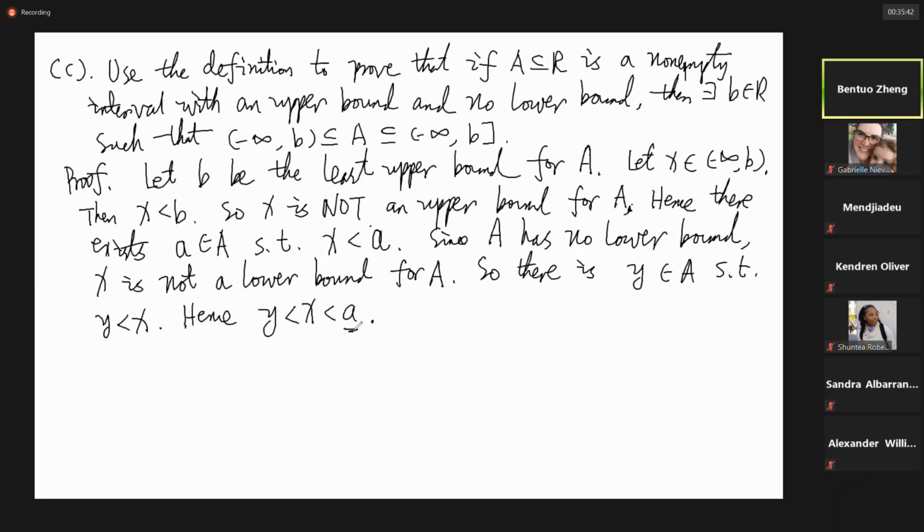Now, since both a and y are in A, by the definition of an interval, we know that X is in A.